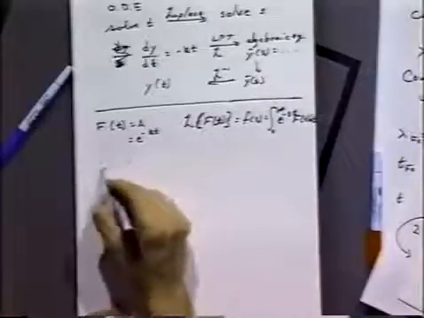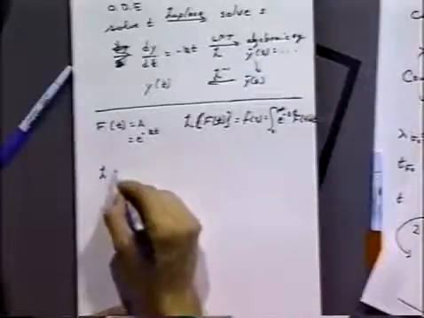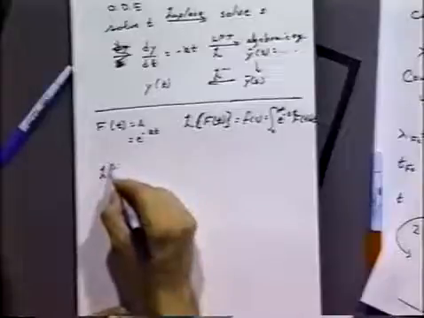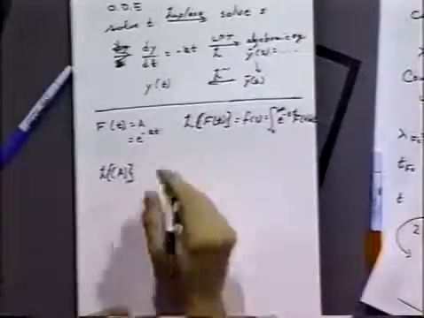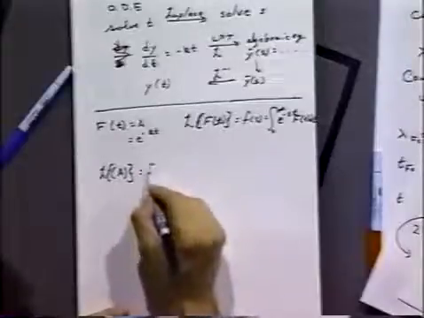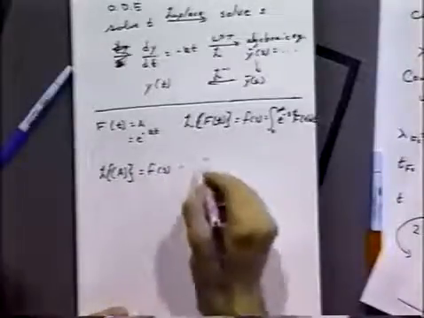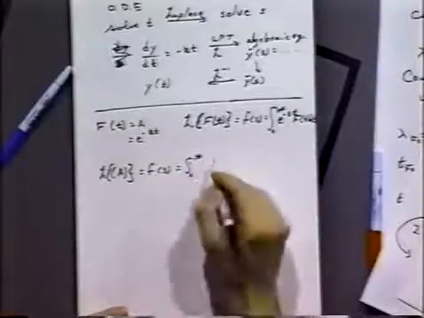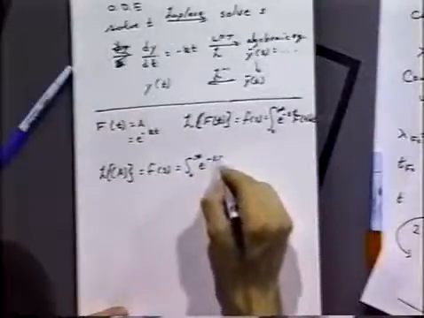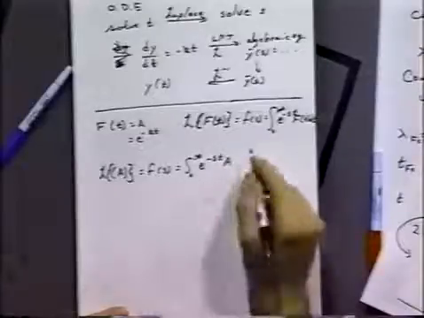So let's take an example. Let's suppose we're taking a Laplace transform of A. A is our function of t. That's equal to f of s. That's equal to the integration from 0 to infinity of e to the minus st times A dt.